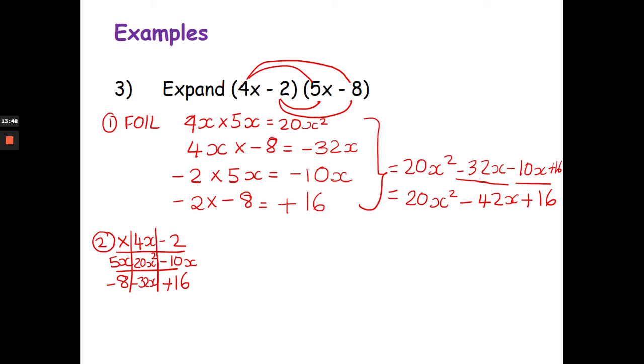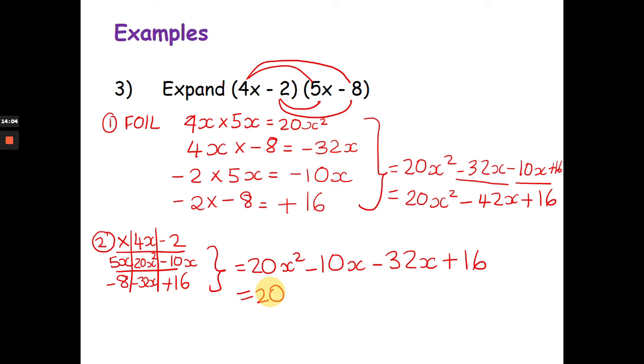A minus and a minus. So again, jotting all that down is going to give me 20x squared minus 10x minus 32x plus 16. And that simplifies down to 20x squared minus 42x plus 16.